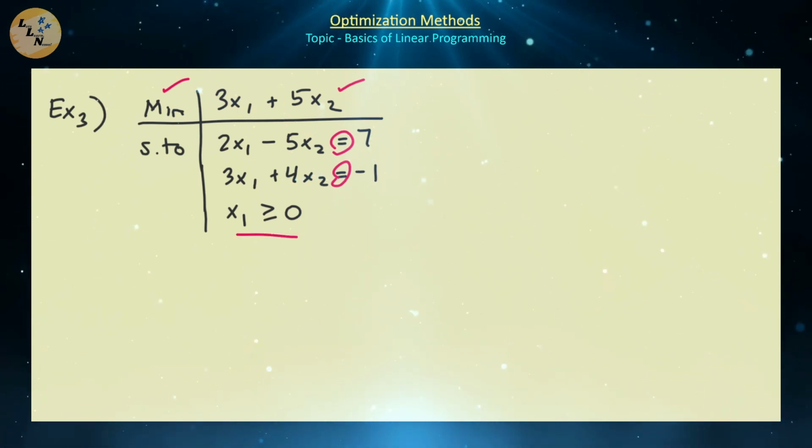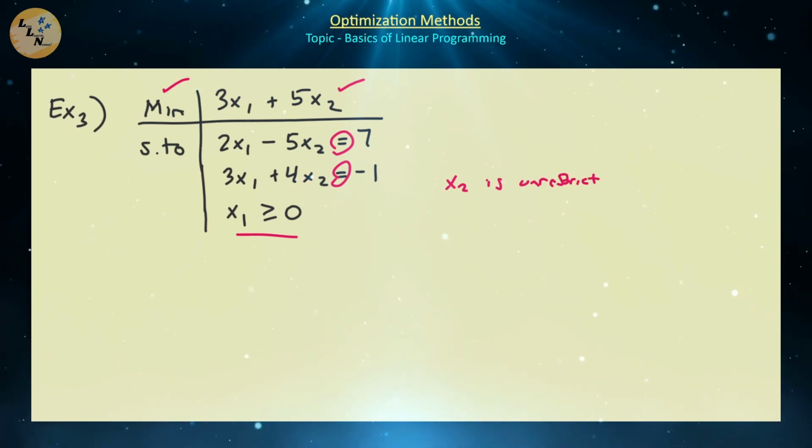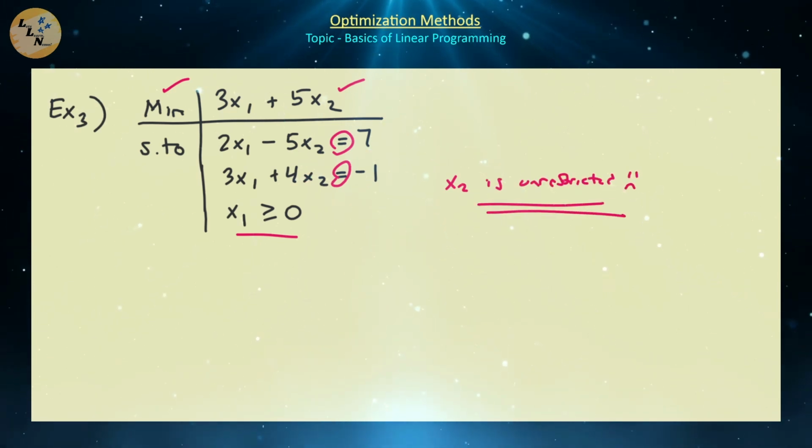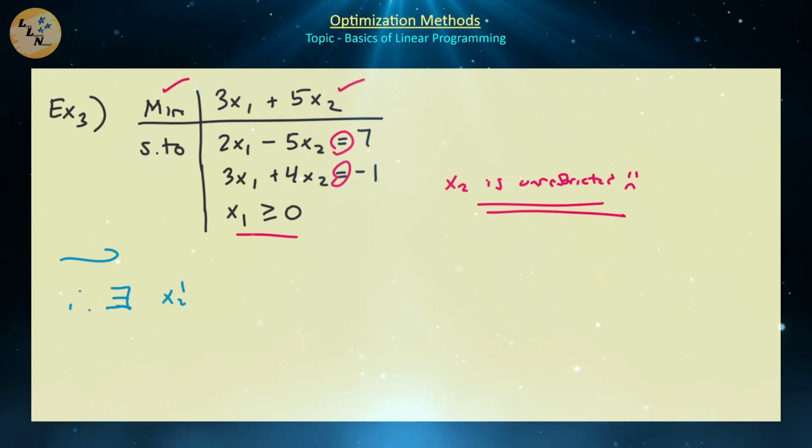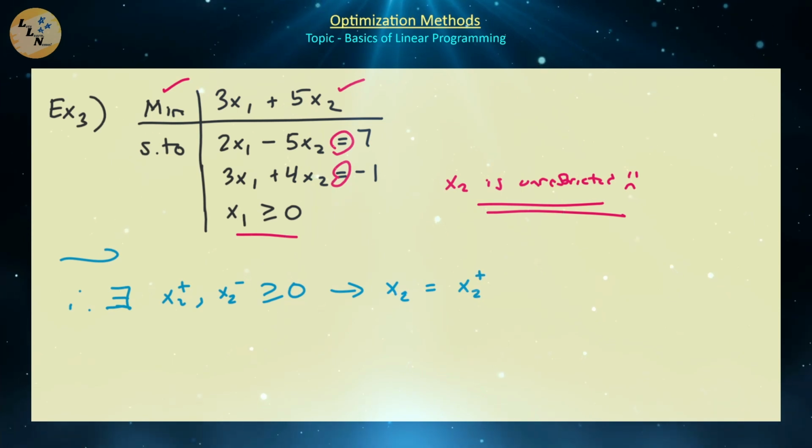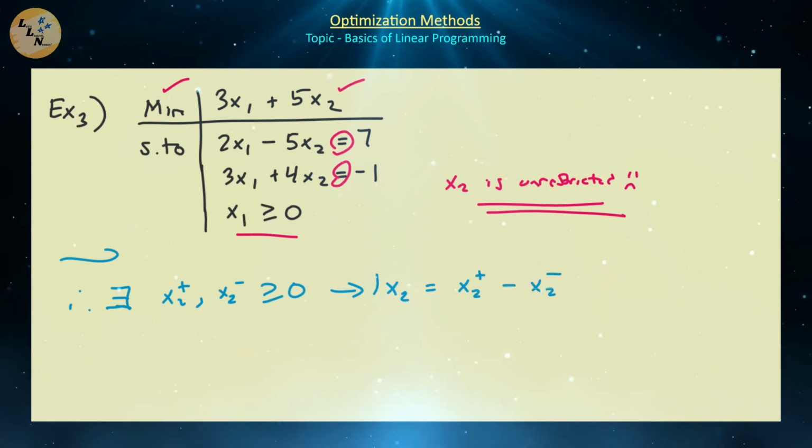So therefore, the issue here is that x2 is unrestricted, and we can't have that for standard form. So if it is unrestricted, then there exist two variables, x2 plus and x2 minus, that are both greater than or equal to 0, such that x2 can be expressed as x2 plus minus x2 minus.